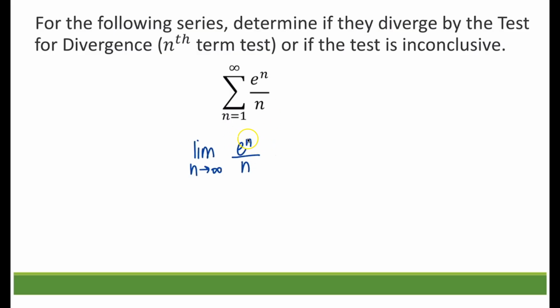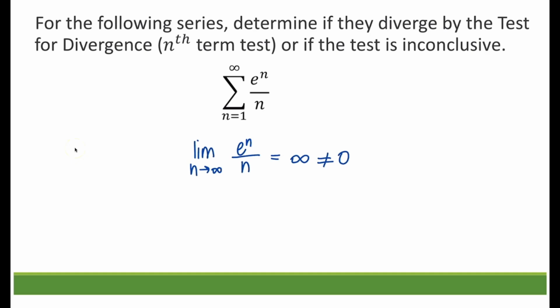E to the n is an exponential. It's growing bigger faster than n. So if we use the laws of dominance, we know that this is infinity. And that is not 0. So these terms are in fact getting bigger and bigger and bigger, so there's no way that it could add to a finite number. So by the test for divergence, the series diverges.